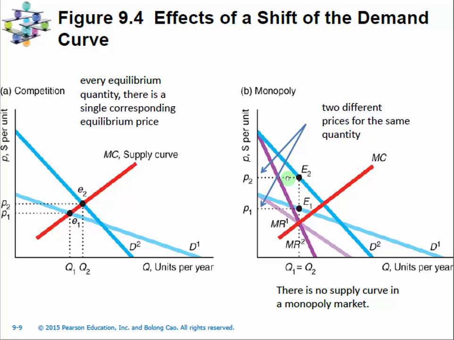It's always the case that the monopolist observes the demand curve, sees what marginal revenue he can get, and tries to set an output quantity that makes marginal revenue equal to marginal cost. So that's the difference in the supply curve between perfect competition and a monopoly market.